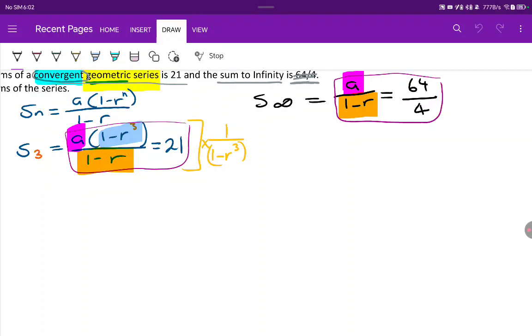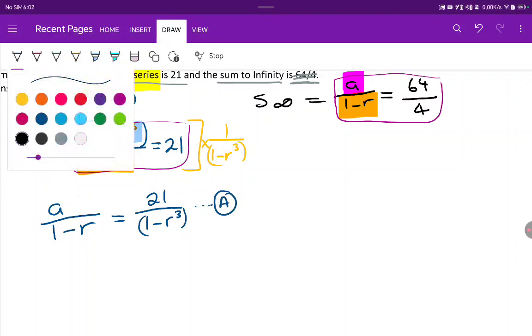So my new line is going to be a over 1 minus r, which is exactly what I want, is equal to 21 over 1 minus r to the power of 3. Okay, great. This looks good. So I put that in bracket. I'm going to name this one A, and I'm going to name this one B.